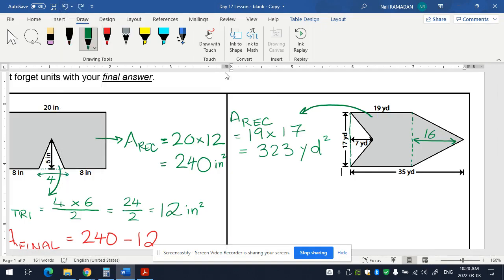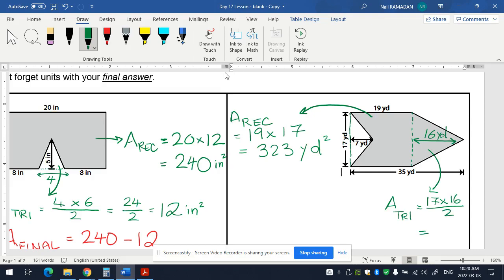16 yards. All right. So point here, everyone, and say A tri equals. The base is 17. The height is 16. Don't forget to divide by 2.